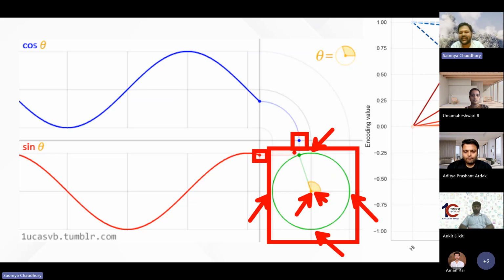I think you can understand that in a two-dimensional plane, in order to represent it, you need an x and a y coordinate. These x and y coordinates are coming from the cos and sine. Whatever the cos value is at this point, whatever the sine value is at this point, they are getting represented in the form of a circle. Why is it circular?